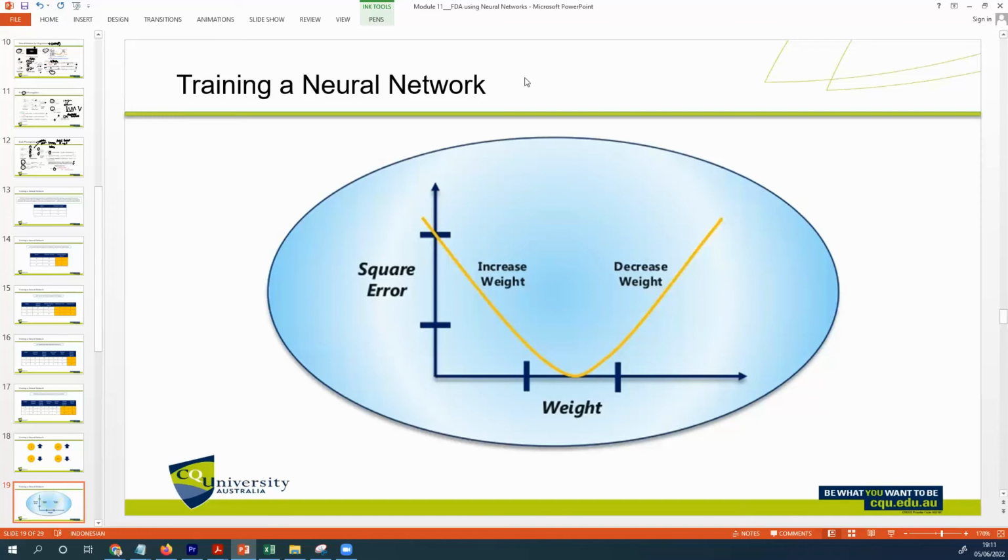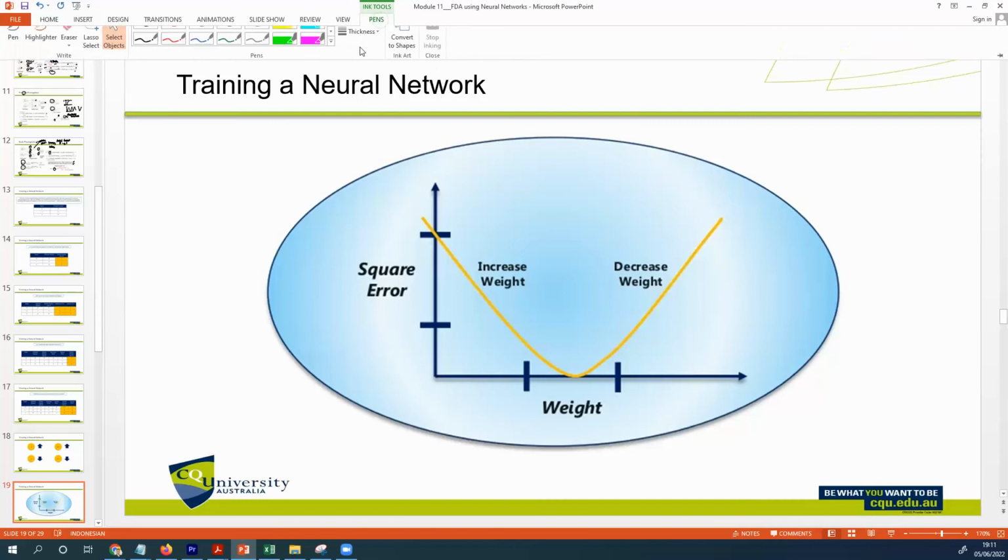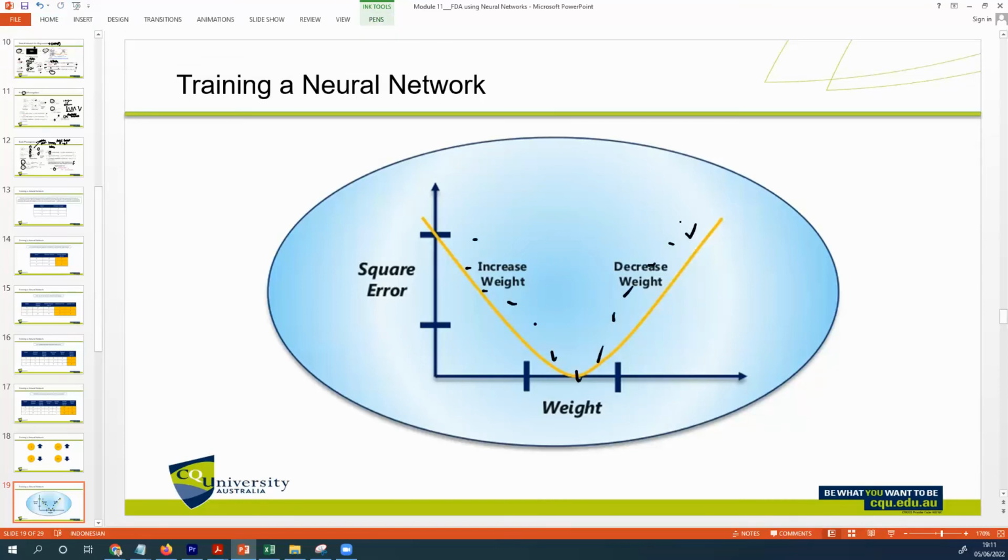So the neural network visualization can be done accordingly with the coordinates. Sometimes when the coordinates are like this, linear regression cannot do it, sigmoid cannot do it. We can only try to make the line, the model, as precise as possible.